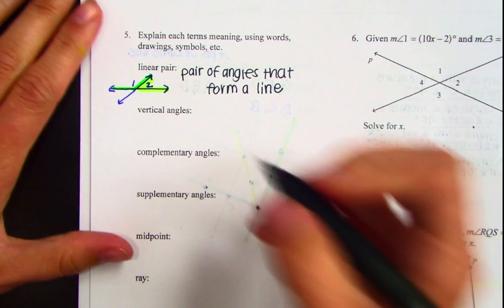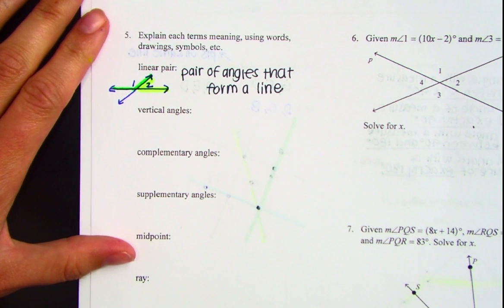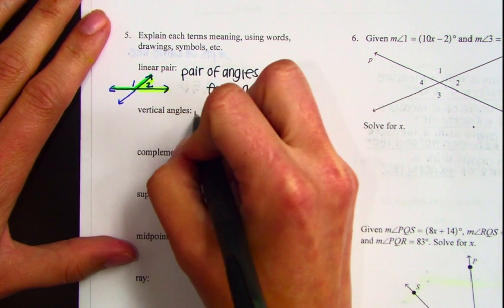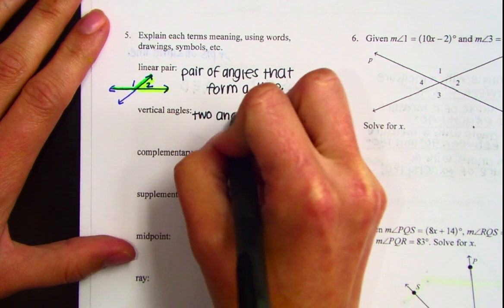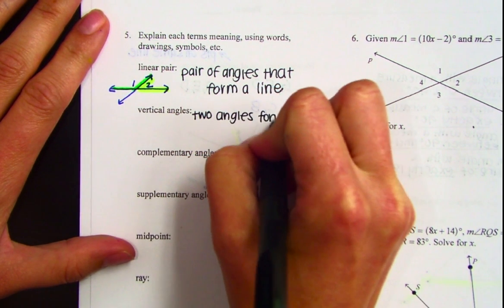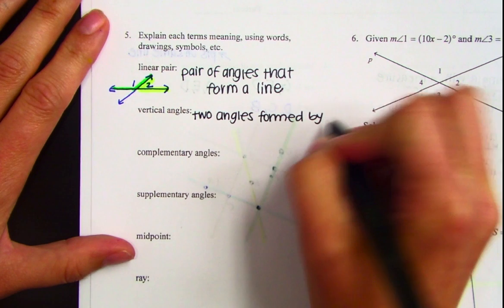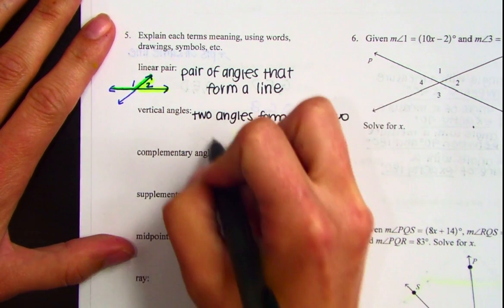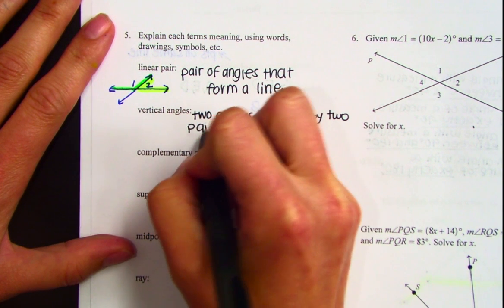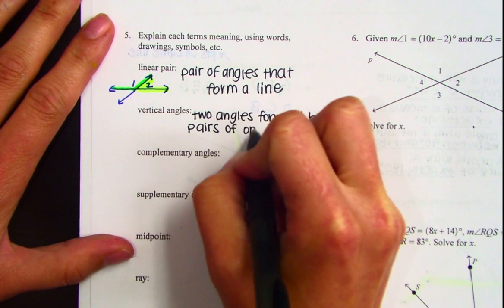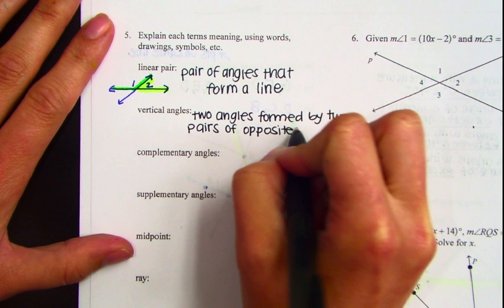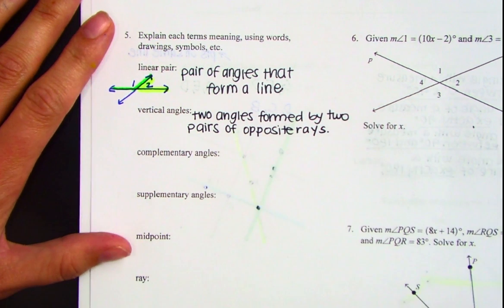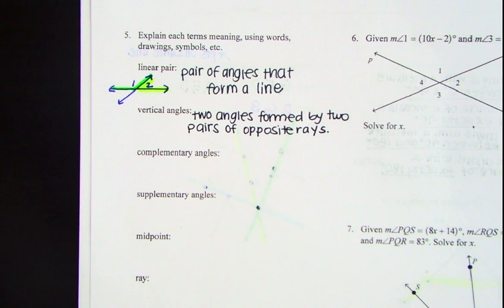Vertical angles are 2 angles formed by 2 pairs of opposite rays. Two angles formed by 2 pairs of opposite rays.